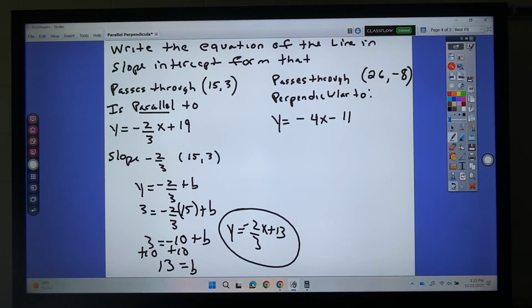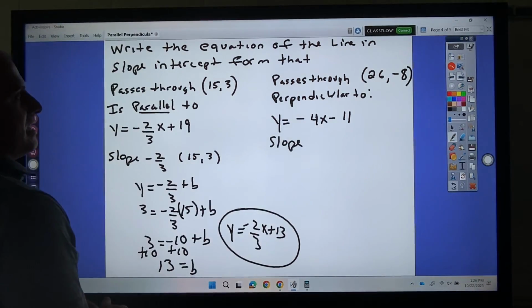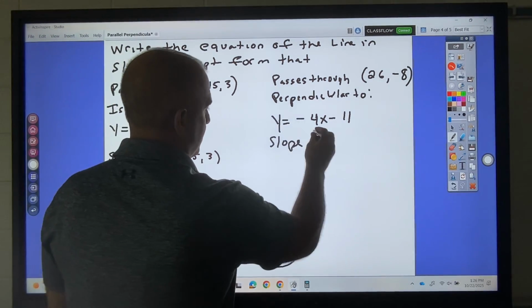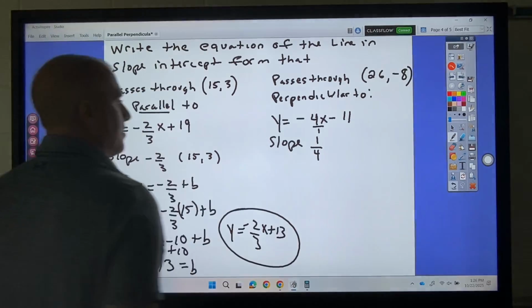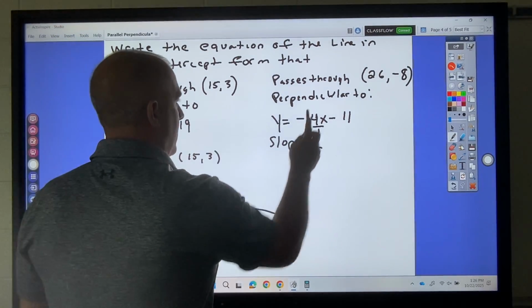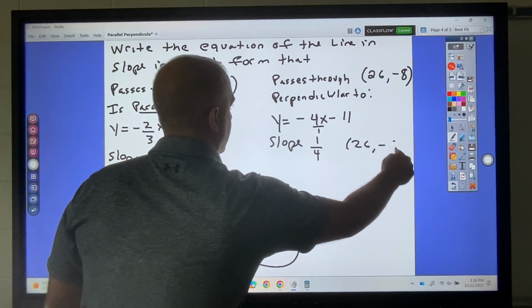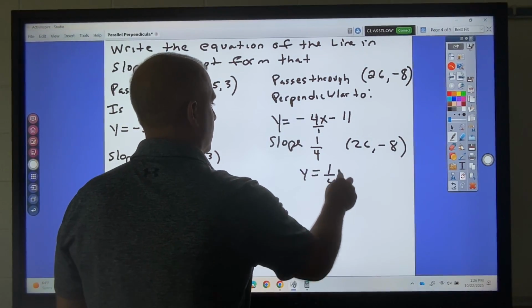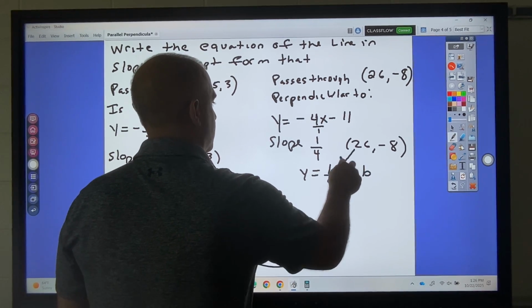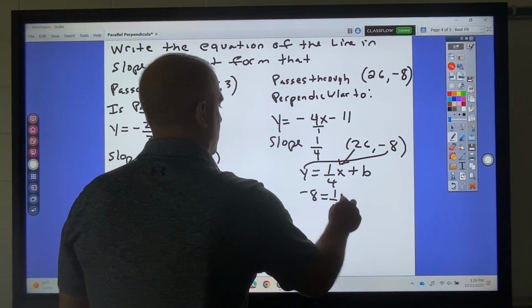Okay? All right, what slope do I need here? Well, perpendicular means I'm going to flip, and that's going to be positive 1/4. And then it passes through that point. My point is 26, -8. So y equals 1/4 x plus b. 26 there, put the -8 there. 1/4 times 26.